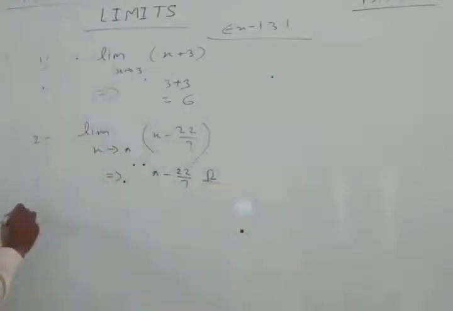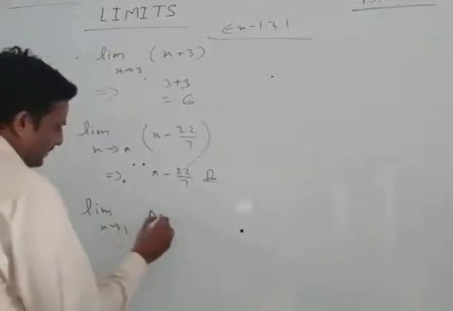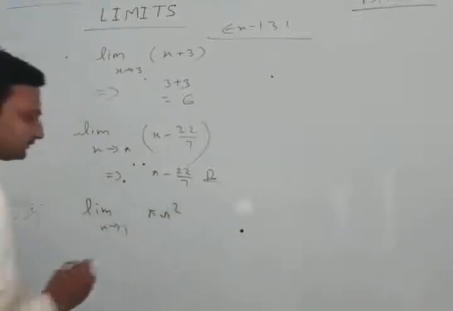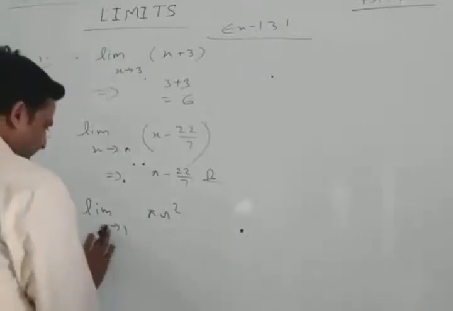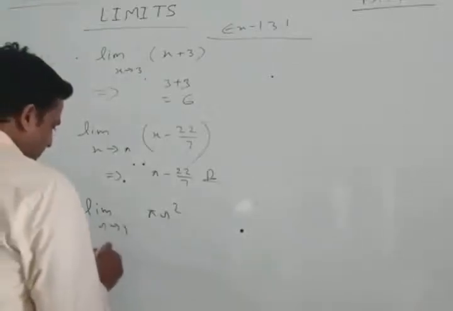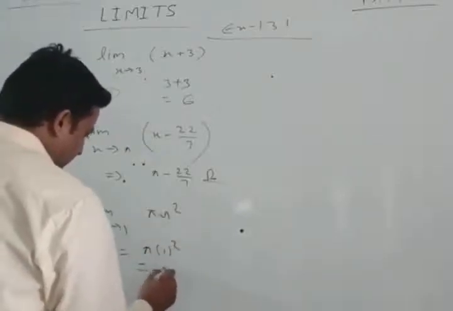It will be our answer. Next, limit x tends to 1 of pi r square. So it will be pi times 1 square, that is pi.